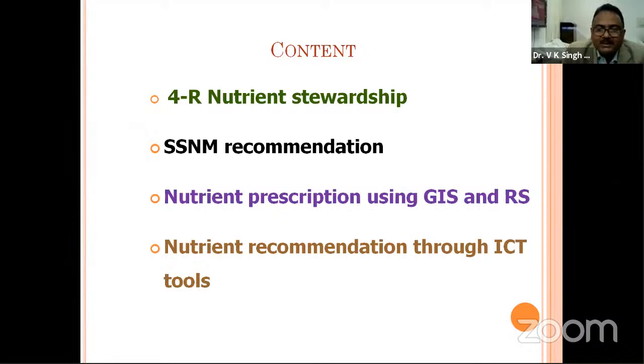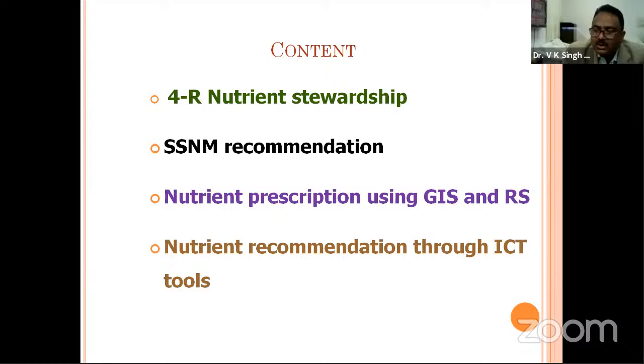So I will be dividing my presentation into four different aspects. First is what is 4R nutrient stewardship. Then how to develop SSNM recommendation, site-specific nutrient management recommendation. Then, site-specific means individual field, individual area, but how can we move to a larger domain?